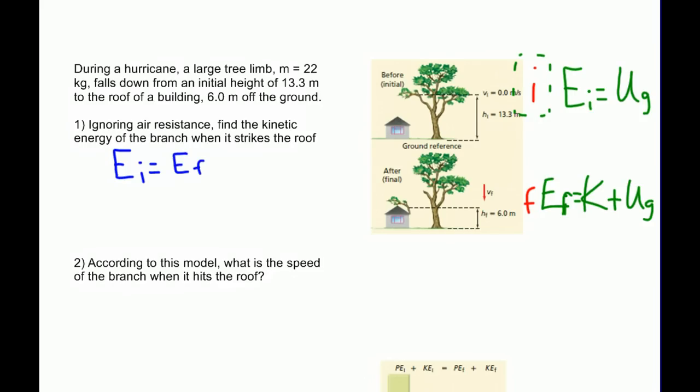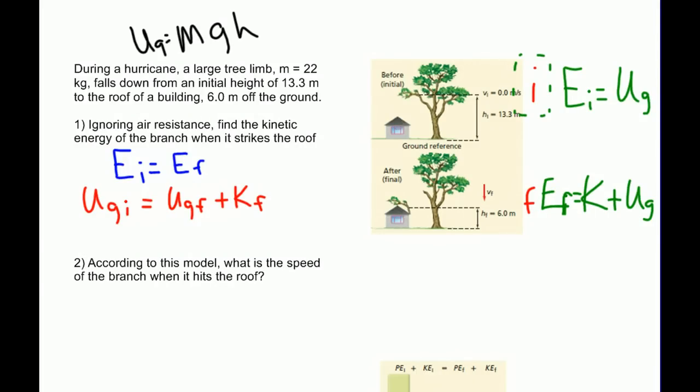And so then we can say that initially our UG initial is going to equal UG final plus our kinetic energy final. And how am I going to figure this out? Well, initially I have mgh, right? Because remember, mgh is my gravitational potential energy, and kinetic energy is 1/2 mv squared.